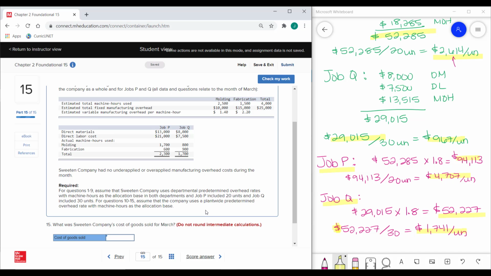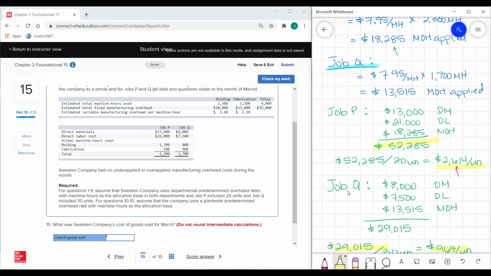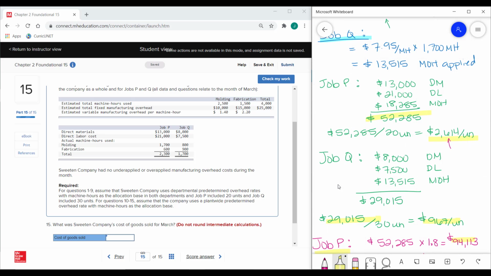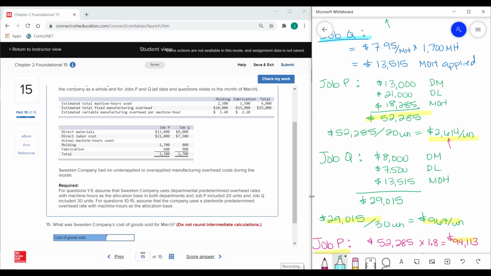What is Sweeten Company's cost of goods sold for March? Okay, so once again, they said we sold both jobs, right? Both jobs completely. There's nothing left. No ending inventory. Well, then how do we find the cost of goods sold then? Well, if we sold both jobs, the cost of goods sold for March is simply the cost of those two jobs that we sold, right?